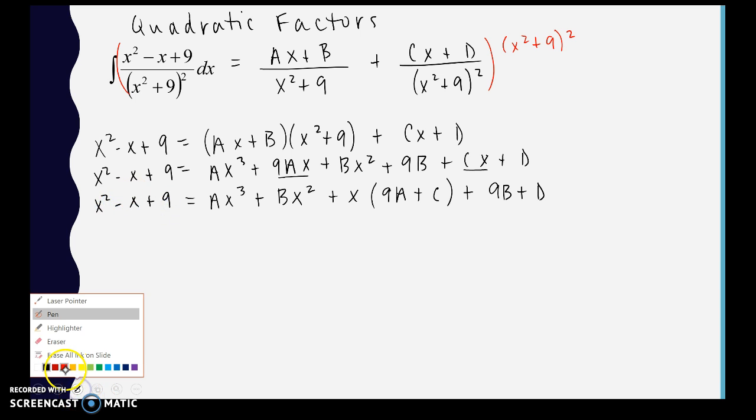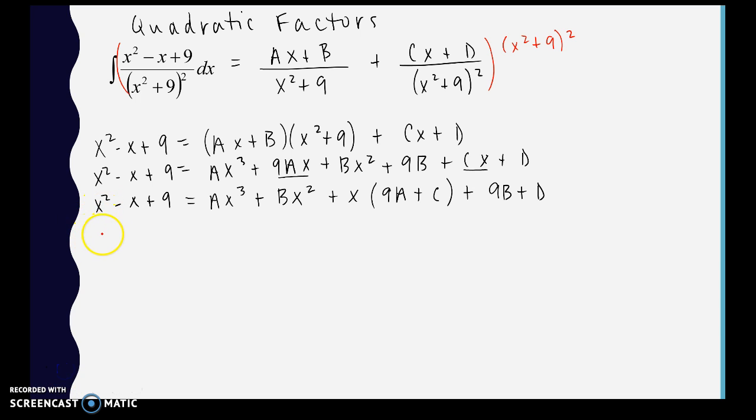So using the equation on the left-hand side, there's no x squared, x cubed term, so 0x cubed would equal ax cubed, so a is just equal to 0. For my squared term, I have 1x squared is equal to bx squared, so that makes 1 equal to b. For my x's, my coefficient to the x is -1, so I have -1 equals 9a plus c.